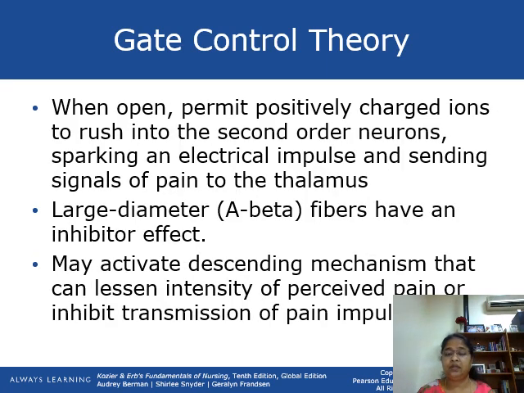When open, they permit positively charged ions to rush into the second order neurons, sparking an electrical impulse and sending signals of pain to the thalamus. Large diameter fibers have an inhibitory effect. Okay, so when it is small fibers, the gate is opening and it can go inside.